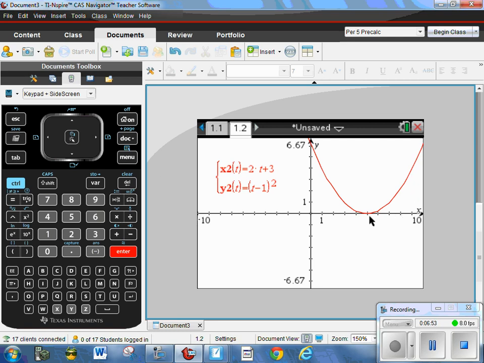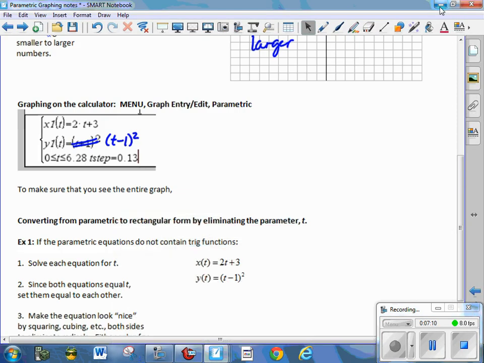Because when t was equal to 0, I got this point right here, which was y was 1. So I only got that part of the graph just when t was positive. So if I want all of the graph to show, I need to include all the values for t. So to make sure that you see the entire graph, include a larger range of values for t.